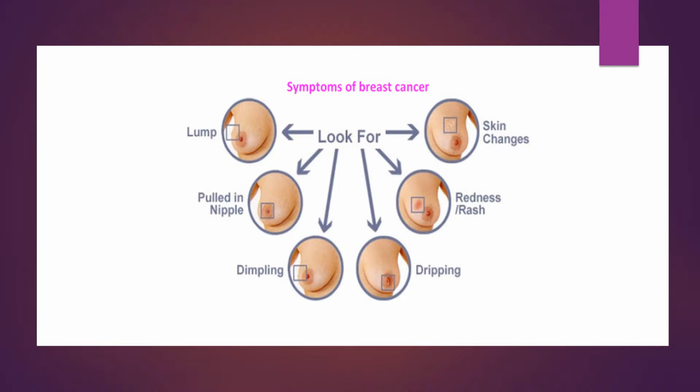When we talk about dimpling, we can talk about peau d'orange, which is a condition in which the skin presents the appearance as if it were an orange peel. And when we talk about skin changes, we can talk about Paget's disease, which is when the nipple presents an eczema or some type of dripping out of it.